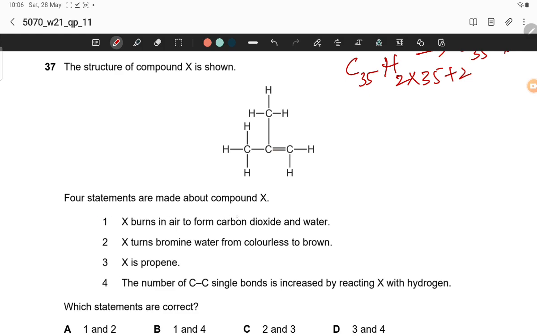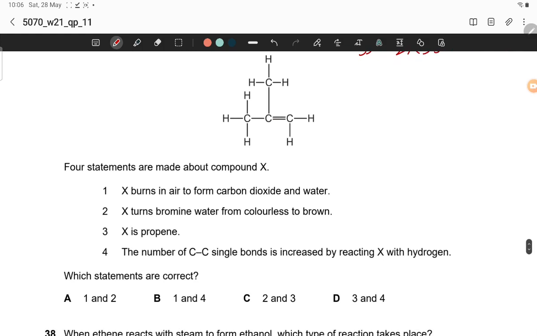Question 37, the structure of compound X is shown. 4 statements are made about compound X. X burns in air to form carbon dioxide and water. Yes, it is correct. X turns bromine water from colorless to brown. No, X turns bromine water from brown to colorless, so this is incorrect.